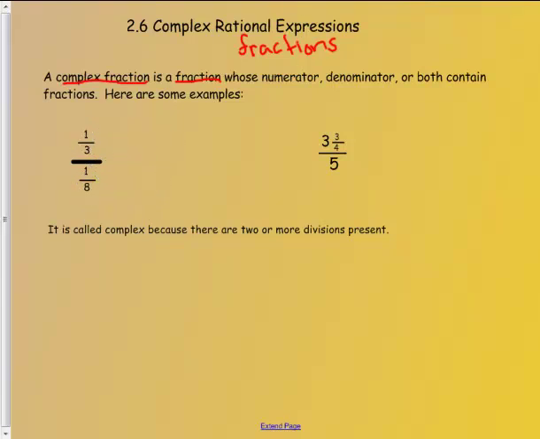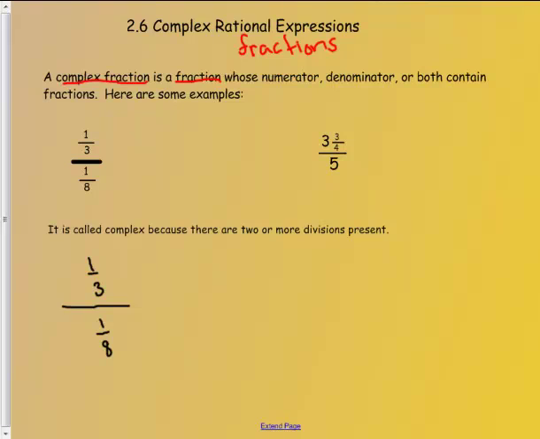Now, a couple of lessons ago, I promised I'd show you why we flip and multiply when we divide. One of the things we look at here is this is a complex fraction. We have a fraction within a fraction.